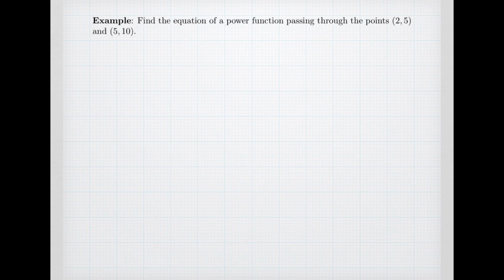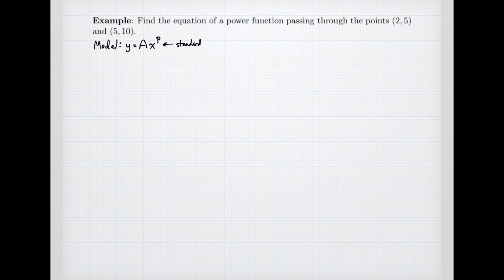For our first example, we are going to find the equation of a power function that passes through 2 points. And so let's start by reminding ourselves of our model. Our model is that we have a power function. Y is a constant times the variable b raised to some power. And that's our model. That's the standard form that we want to find.